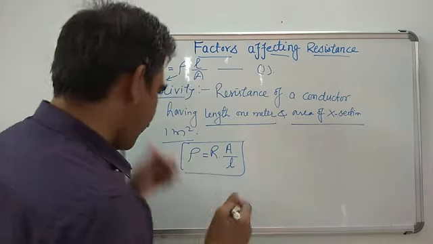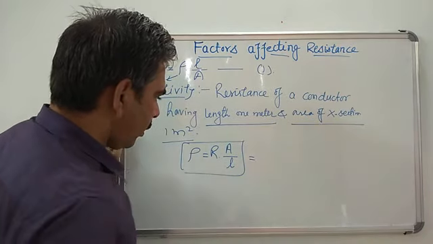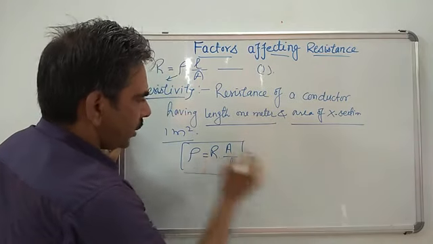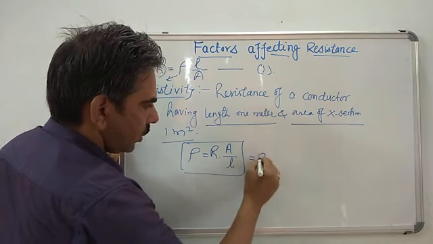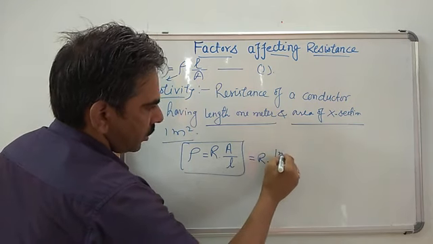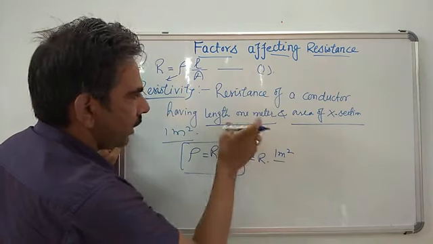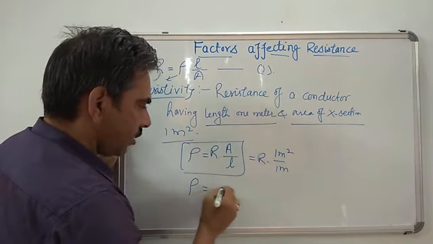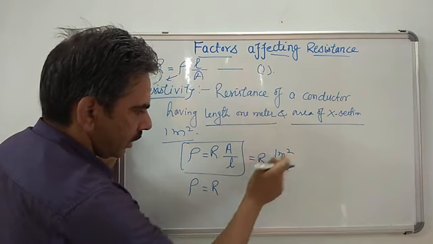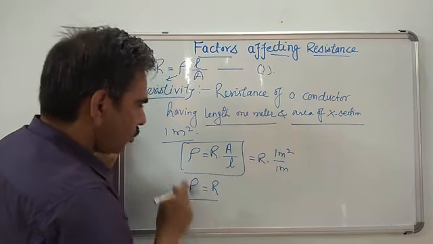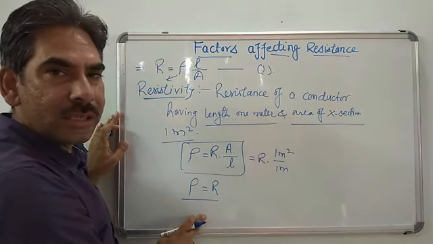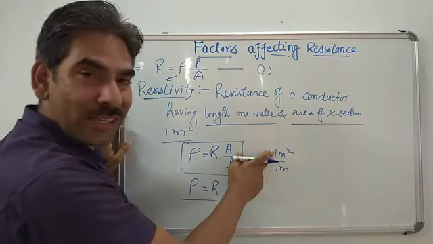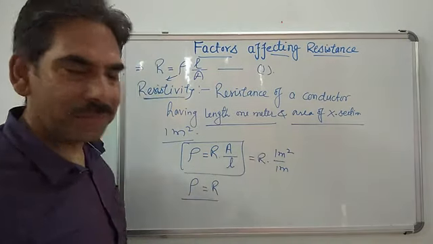So if A is 1 meter square and length is 1 meter, numerically resistivity is nothing but R, the resistance of a conductor having area of cross section 1 meter square and length 1 meter.